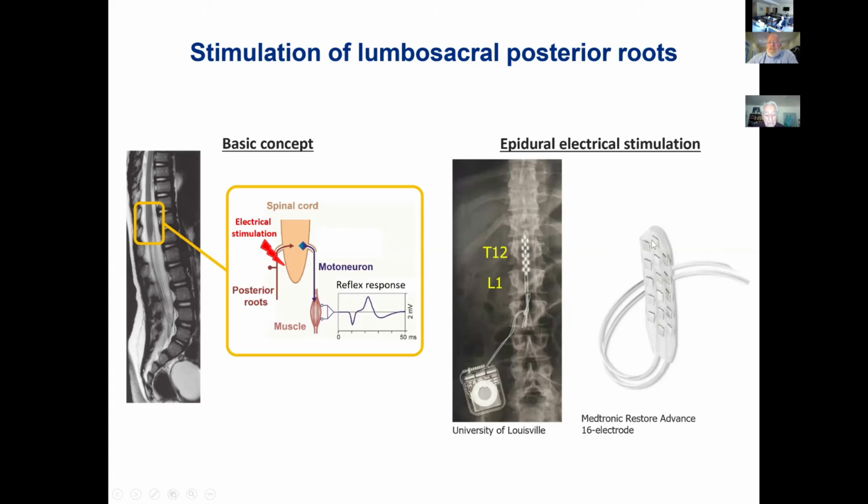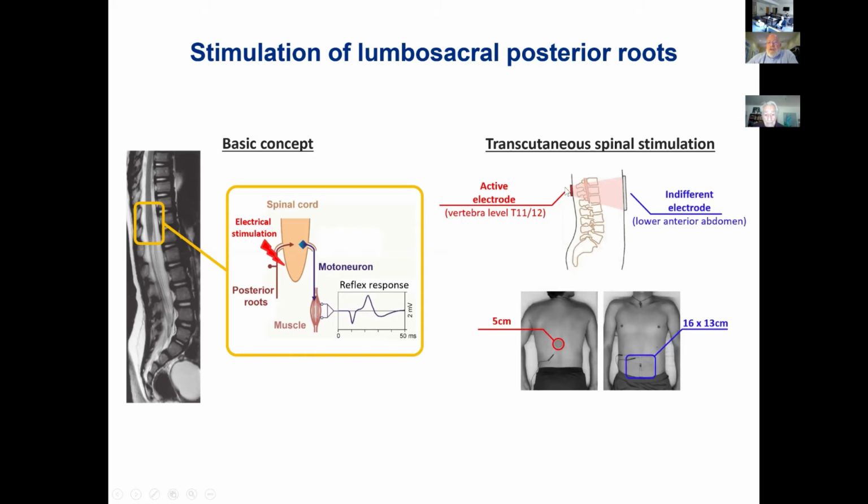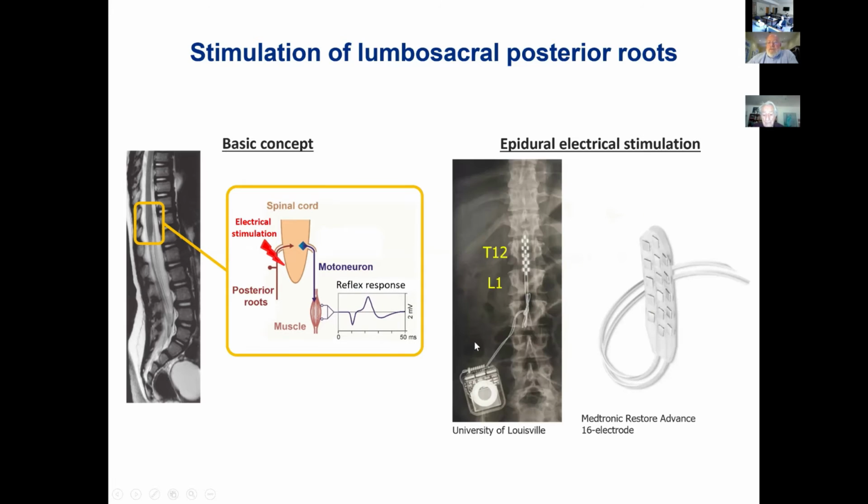And of course, since these have to be implanted, it's an expensive process, which makes doing research much more difficult, both time-wise and cost-wise. But I would argue that if we found somebody in this scenario that had a great response and we didn't want to have them put electrodes on every day, this would be a wonderful solution.